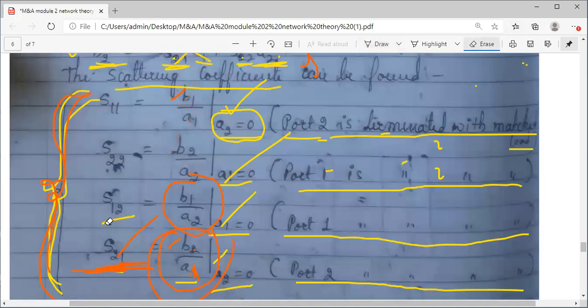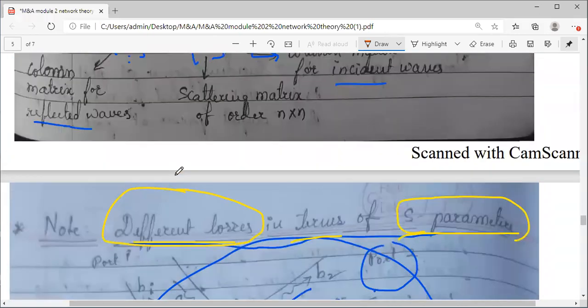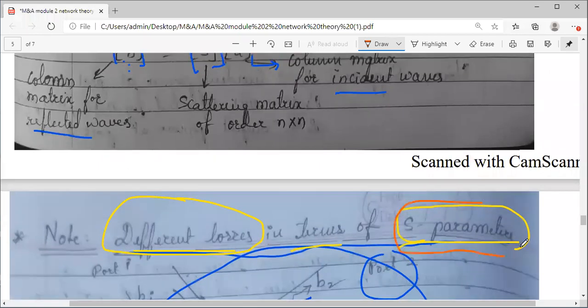These 4 parameters we have found. How? By certain conditions, by making few values 0. By making few incident values A1 or A2 0, we have found these S11, S12, S21, S22 values. Once you find this, it is halfway done. We have completed only S parameters finding. Now we have to define what are the losses.